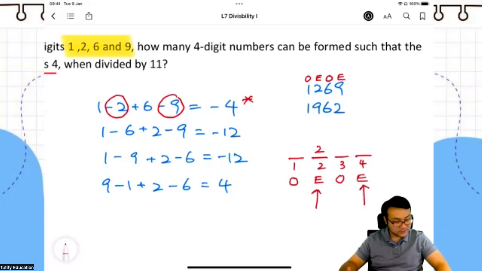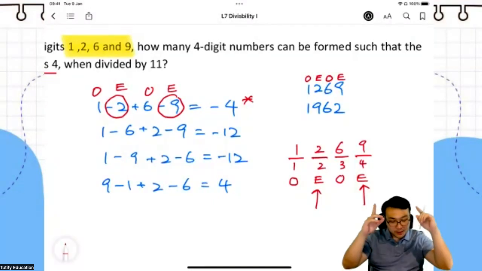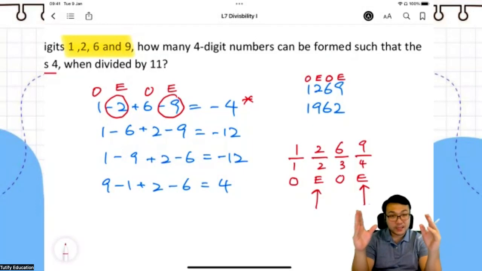The digit in an even position is 9. The digits in the odd position are 1 and 6. Do you realize that the digits in the even position are all negative? Yes. The digits in the odd position are all positive. So when I do my permutation, I need to make sure that they stay where they are supposed to be.